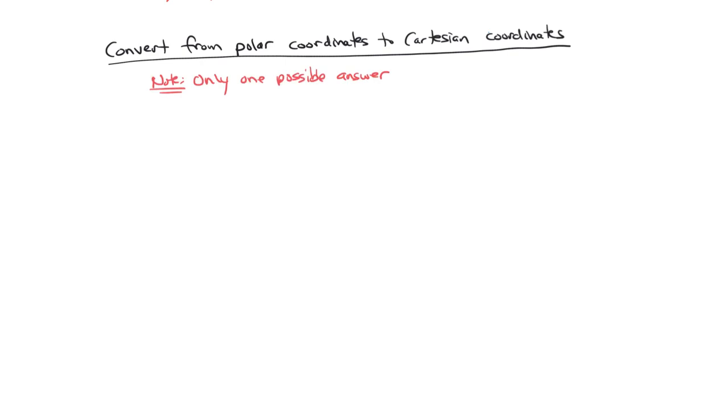So let's look at, say, example number 1, which says we got this point 2 and 2 pi over 3. And just to make it a little easier, I'm just going to draw a picture of it to see where we're at. Probably don't really have to, but we've got polar coordinates.